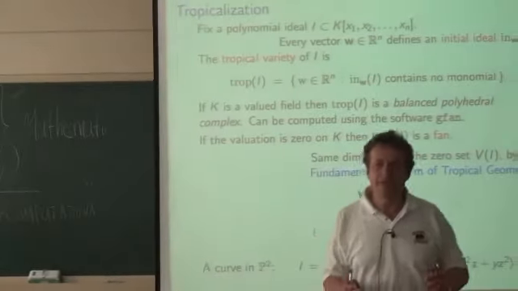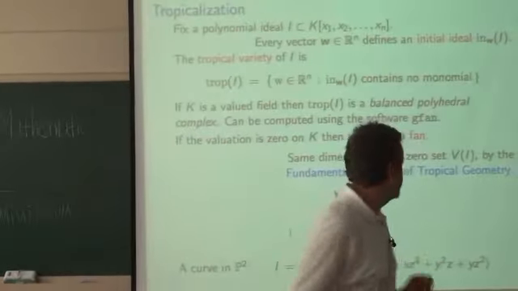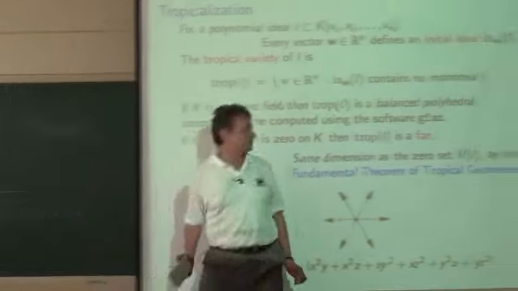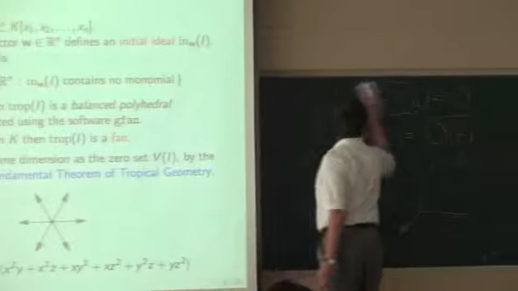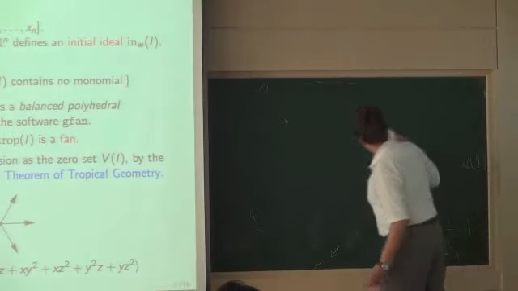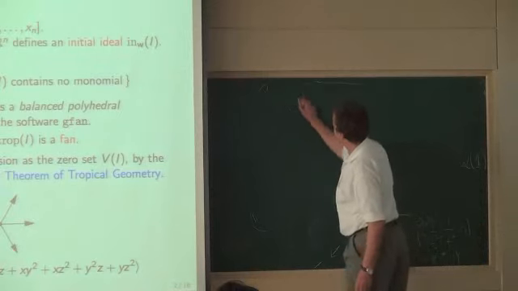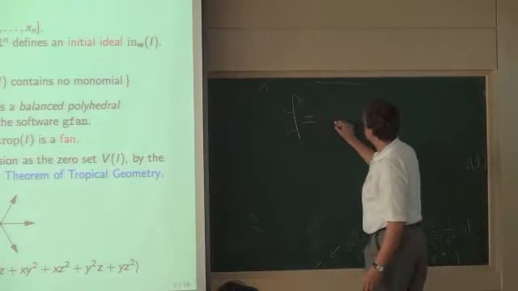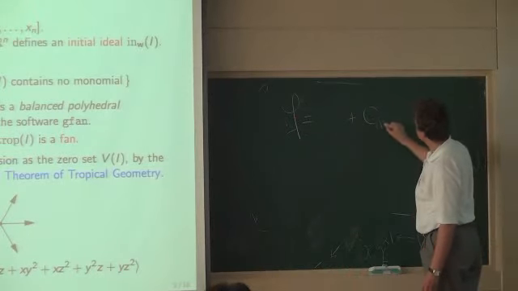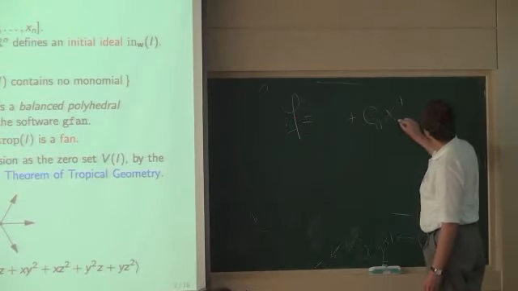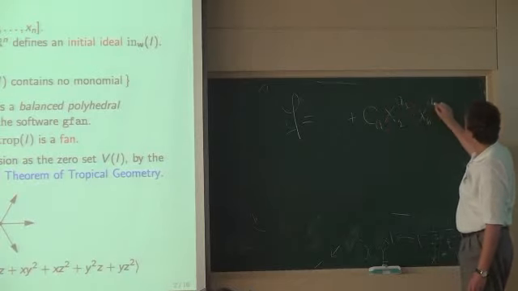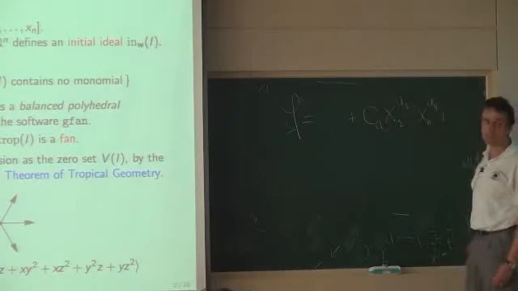Can I ask for the definition of initial ideals again? Yes, the definition of initial ideal. So if I have a polynomial f, it has a bunch of terms. So each term looks like this: c_a x1^a1 up to xn^an, plus, plus, plus.